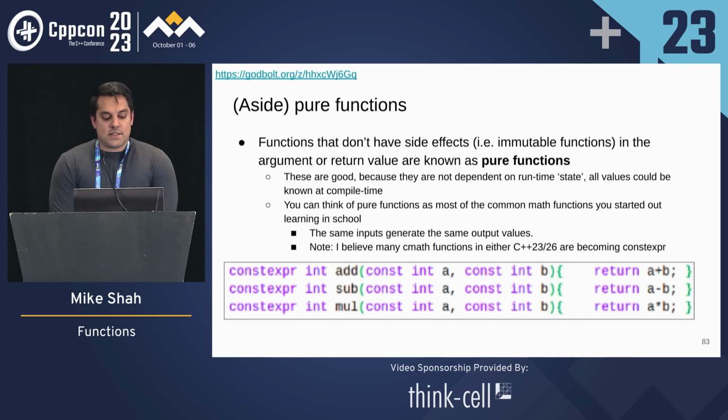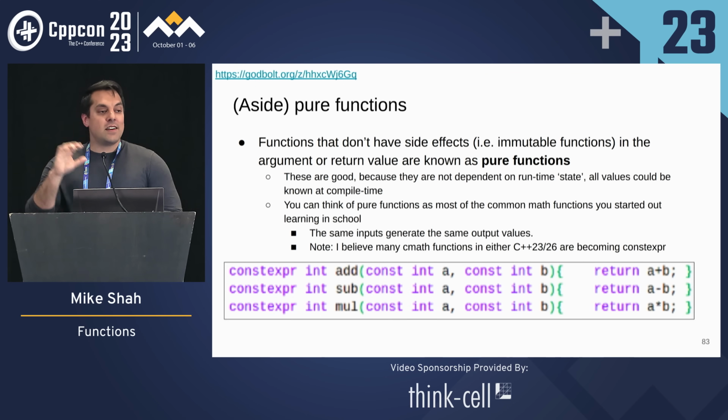Now again, just to give some more ideas about how we might want to write our functions and think about them, now that we know about things like constexpr, is trying to write our functions in a pure way, again, coming back to our roots, right? Those math functions that we learned. One input generates the same output. And we call those pure functions, okay?